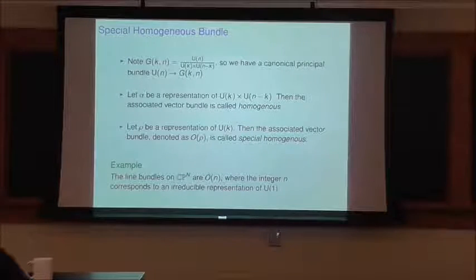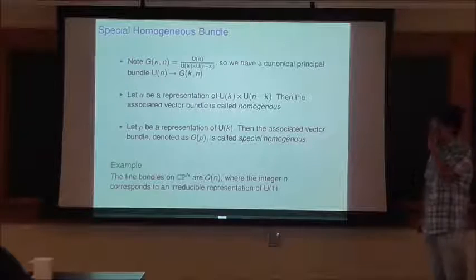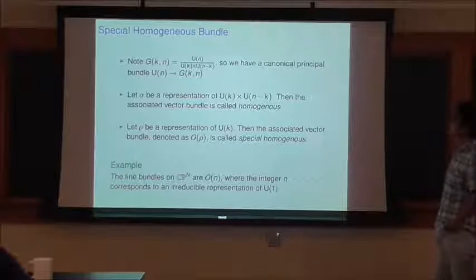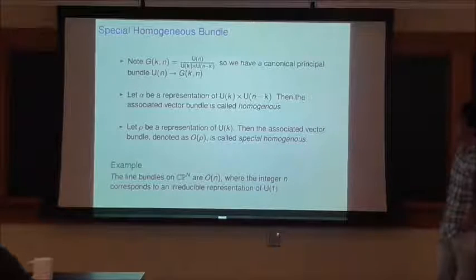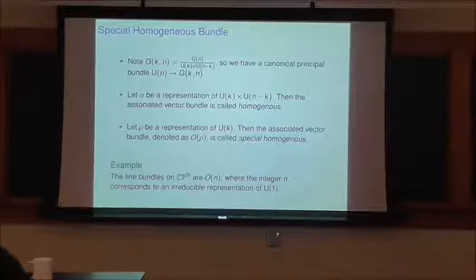So we'll be seeing a lot of bundles on Grassmannians. And to do that, we'll specialize to a special class of bundles on Grassmannians. Recall that the Grassmannian is a homogeneous space, the quotient space U(N) by U(k) times U(N-k).